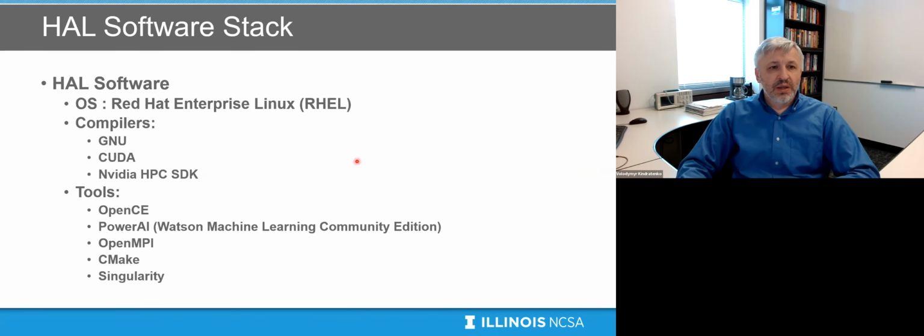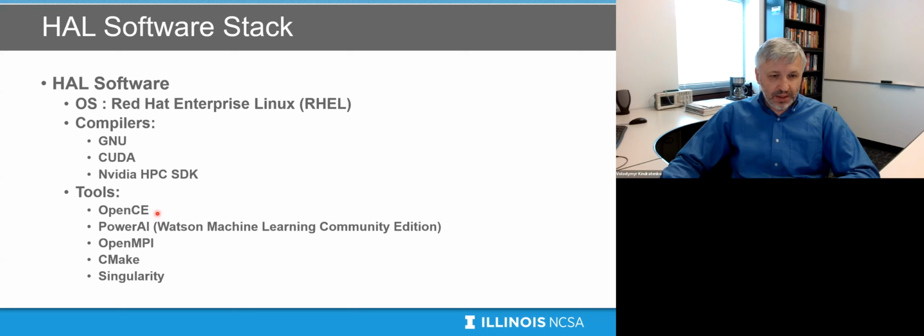Okay, on the software stack, we run Red Hat Enterprise Linux. We provide the very basic set of compilation tools such as GNU compilers, NVIDIA HPC SDK, and the currently supported version of CUDA. And then all of the machine learning tools are provided through OpenCE, the Open Compute Environment.